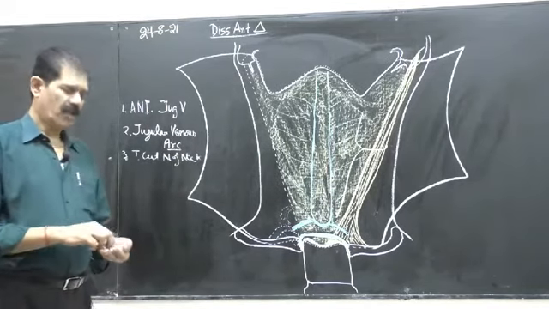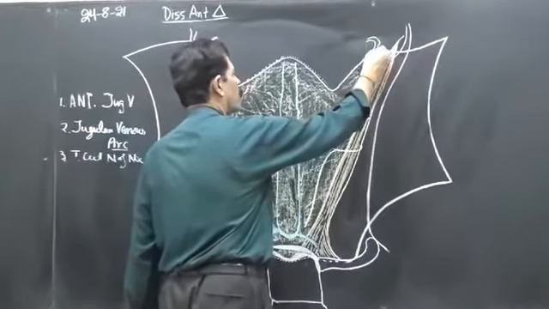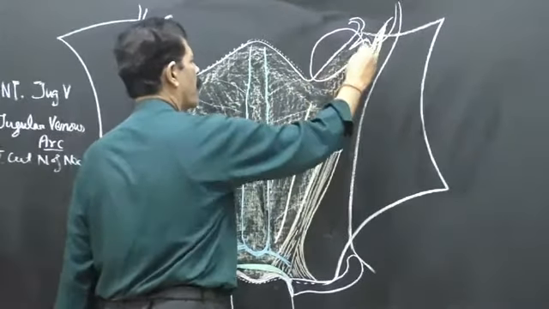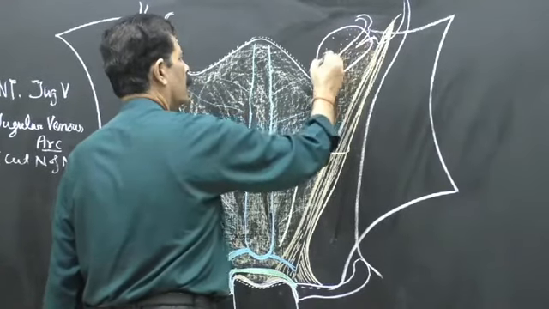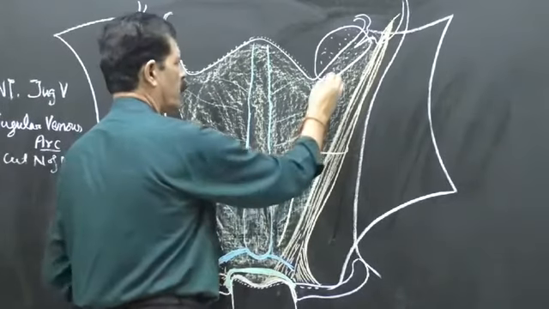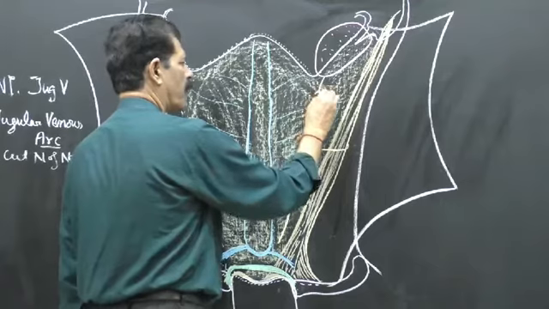And the ascending branch will anastomose with the, this is the parotid gland we have done, the cervical branch of the facial nerve.